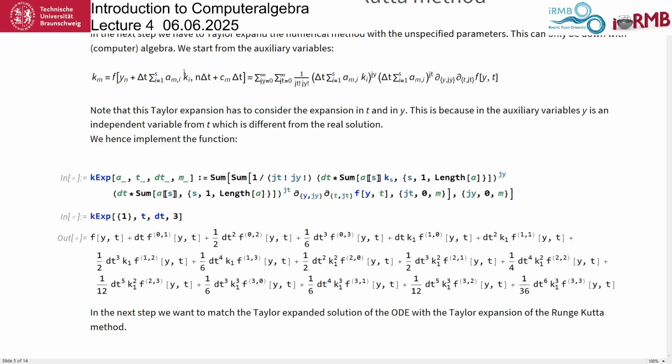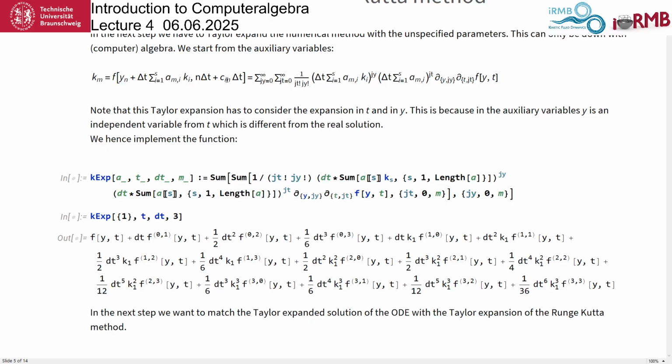So now this is your offset. This is your smallness parameter in this Taylor expansion in this direction. And here we start with n delta t. This is our starting point, and we move c m delta t.